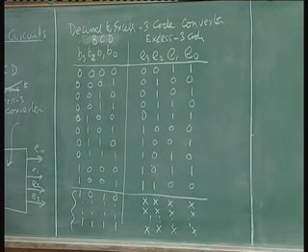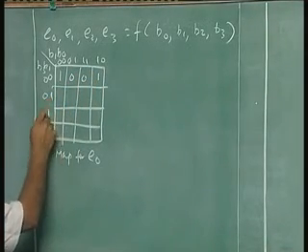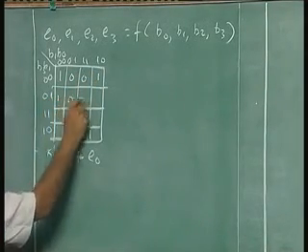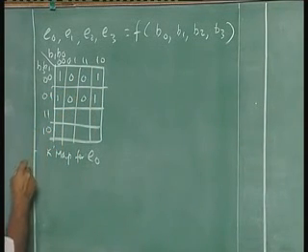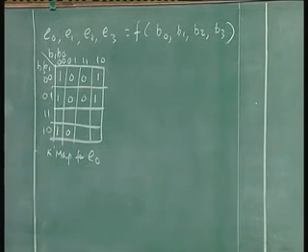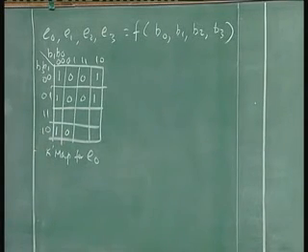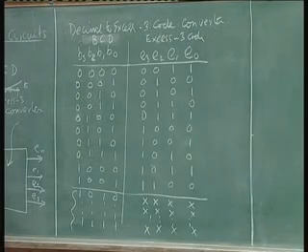It is 1, 0, 1, 0, 1, 0, 1, 0, 1, 0, and beyond that all are don't cares. Only 10 entries are there, all others are don't care conditions, so I put an X here.